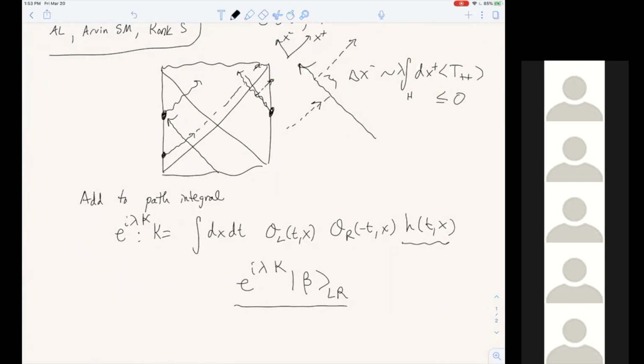The reason is that in the space-time picture of this state, there is a positive outgoing shock going this way and a negative ingoing shock this way. The particle will get time delayed by the positive shock and time advanced by the negative shock, but the time delay will always overcome the time advance.